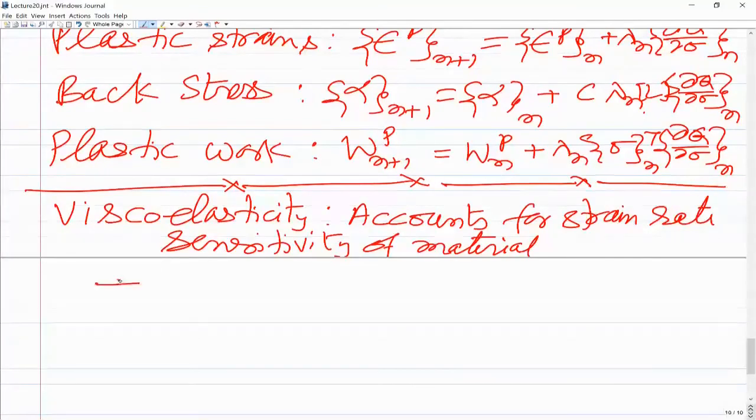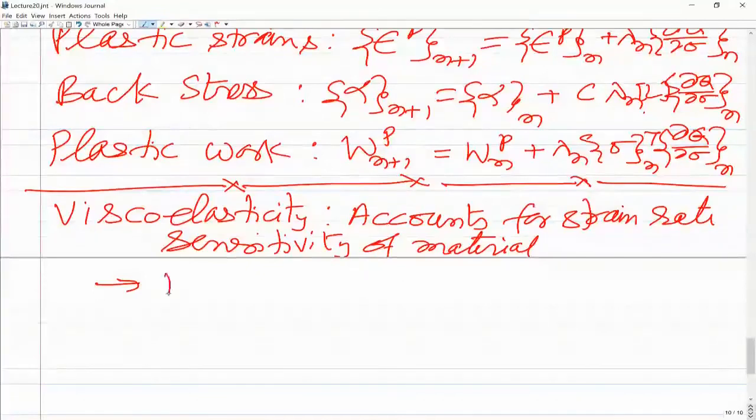And viscoelasticity is important when the material is near glass transition temperatures. So many of the polymers and elastomers have glass transition temperature near room temperature, so they behave as viscoelastic materials.